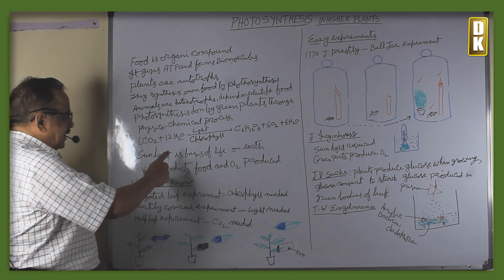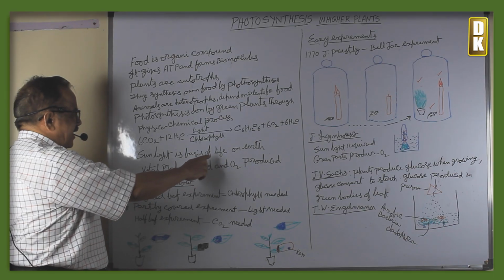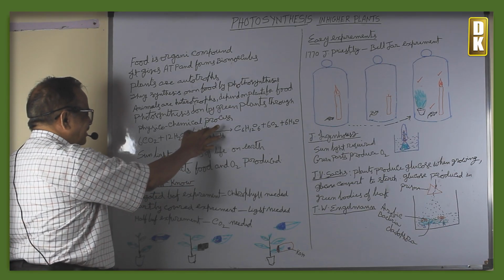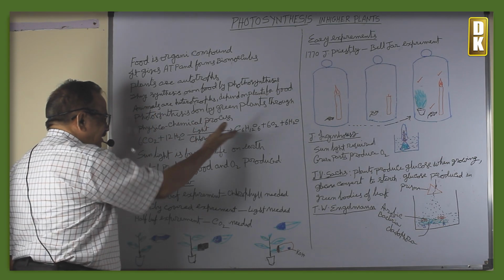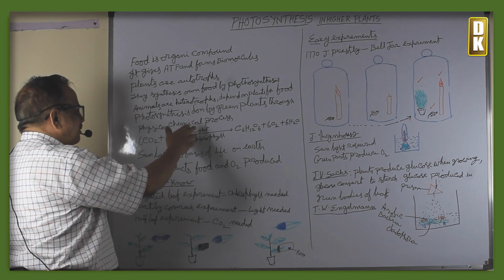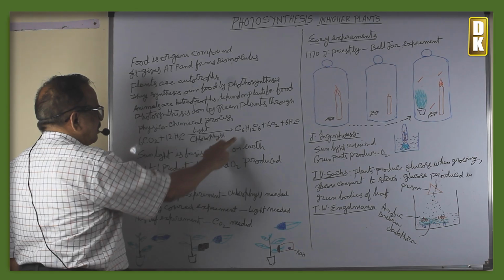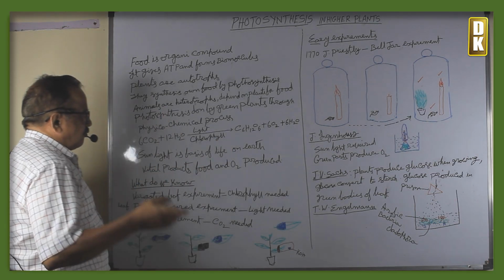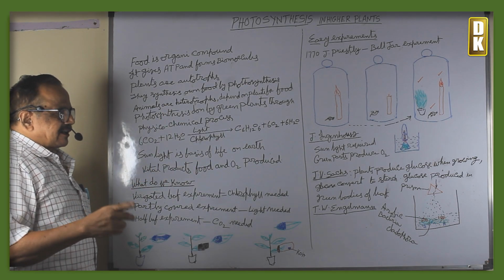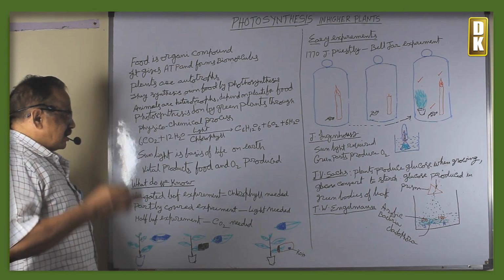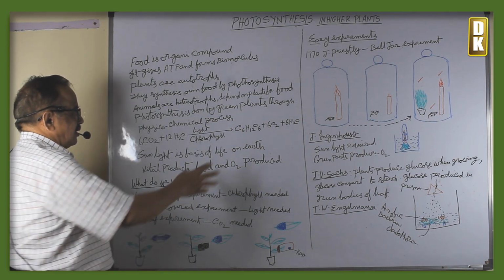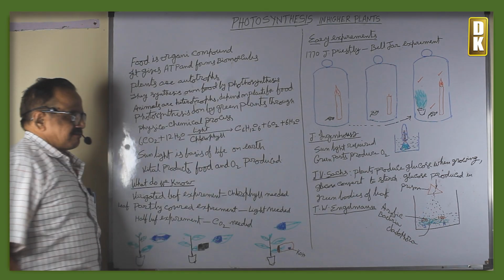So sunlight is the basis of life on earth because sunlight is nothing but energy. That energy is converted by the physicochemical process and giving us food. Not only food, one more vital thing required for all living aerobic respirative organisms, oxygen, is also coming from this.